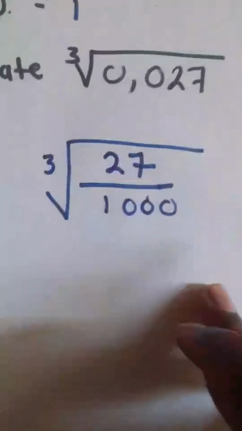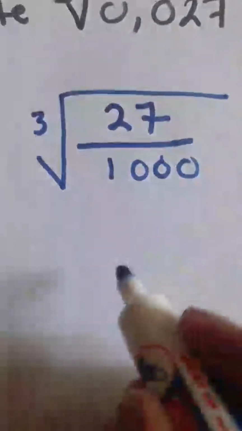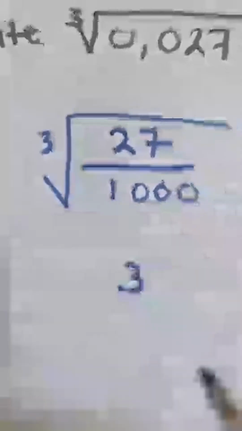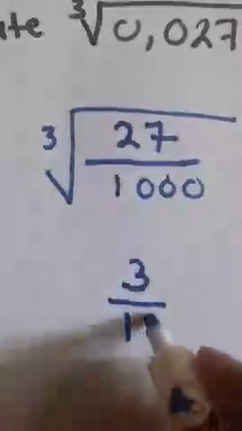We are looking for a number that we multiply 3 times to get 27. That number is 3. And the number we multiply 3 times to get 1000 is 10.